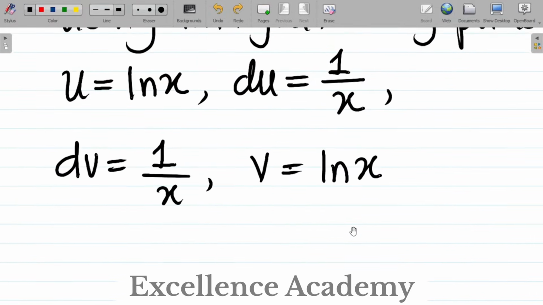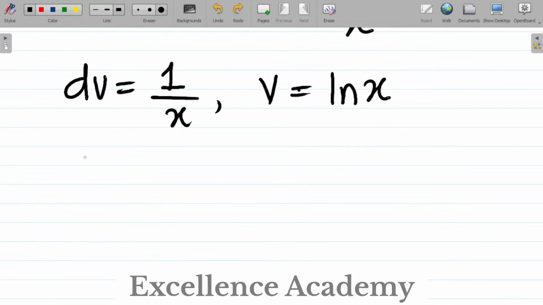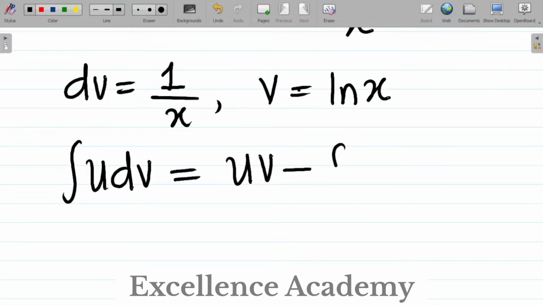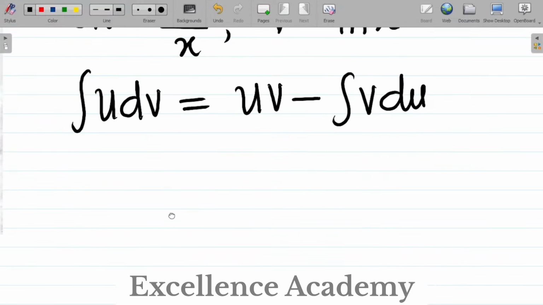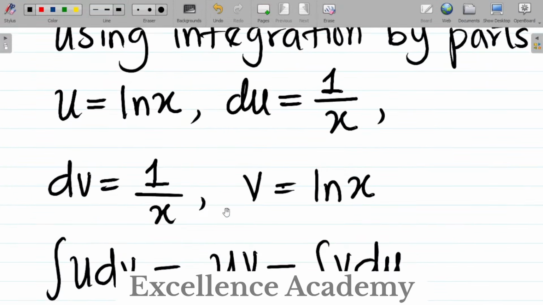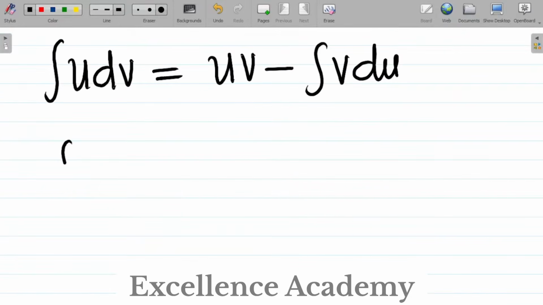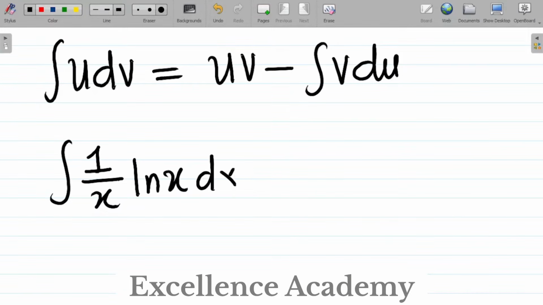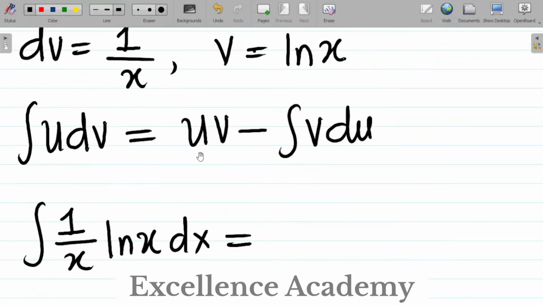So from here, let's use the integration by parts formula. The integration by parts formula is that the integral of u dv is equal to uv minus the integral of v du. Let's input that value. From here, we have that the integral of 1 all over x ln x dx is equal to uv, that's u times v.